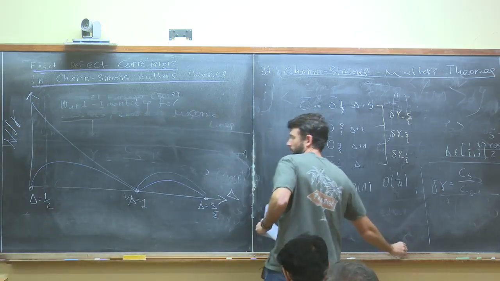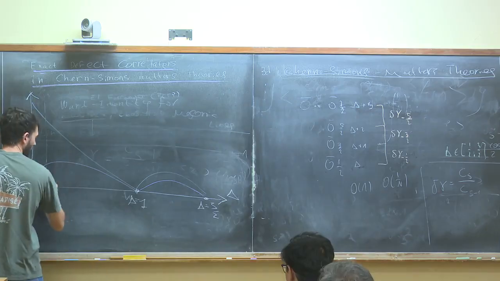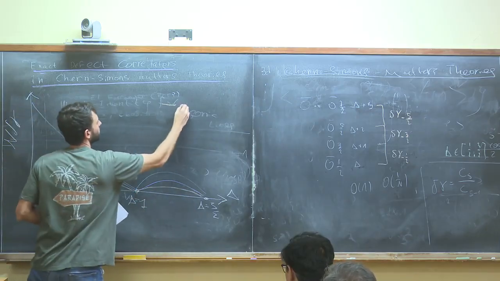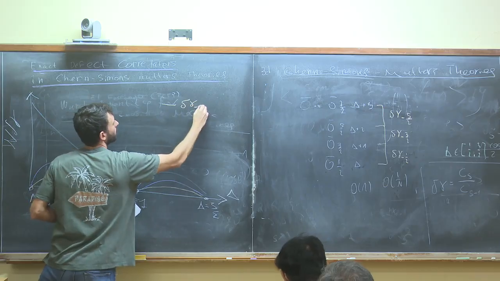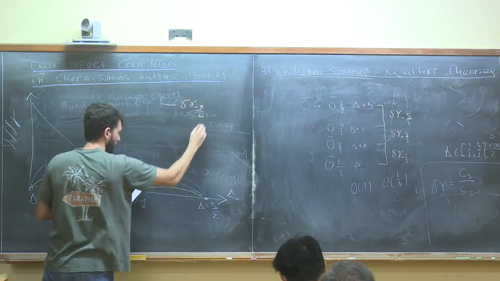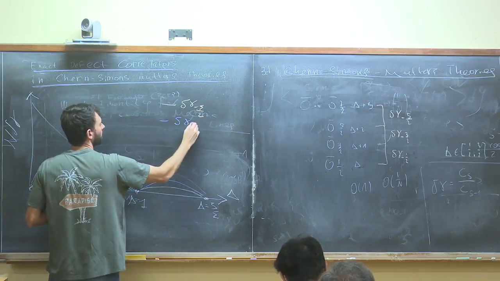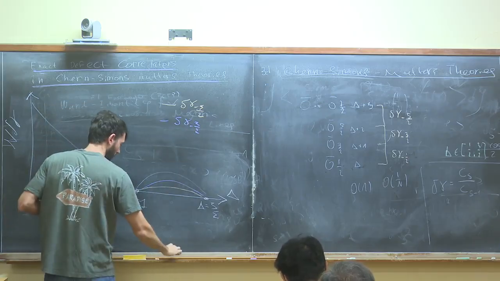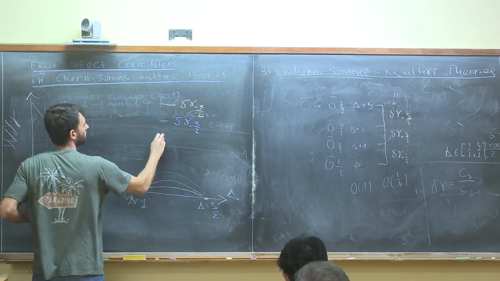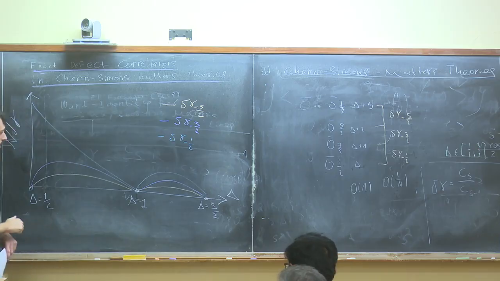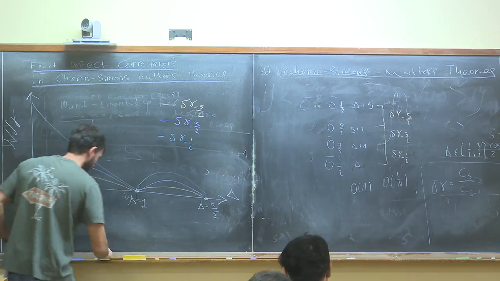Finally, we have this is delta gamma 5/2. This is delta gamma 3/2, and this is delta half. Sorry, can you translate your capital delta to lambda? Yeah, let me write it explicitly.